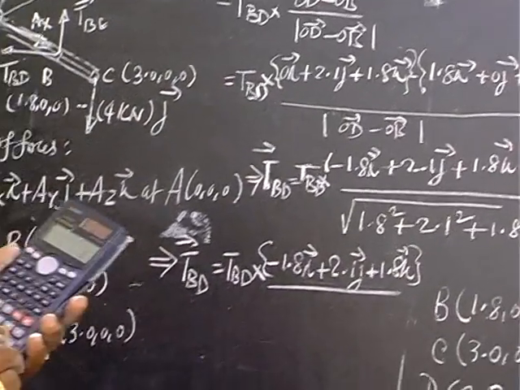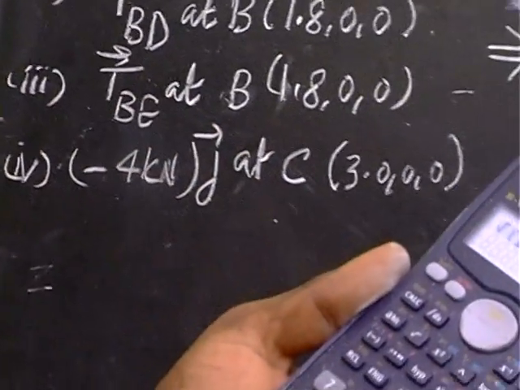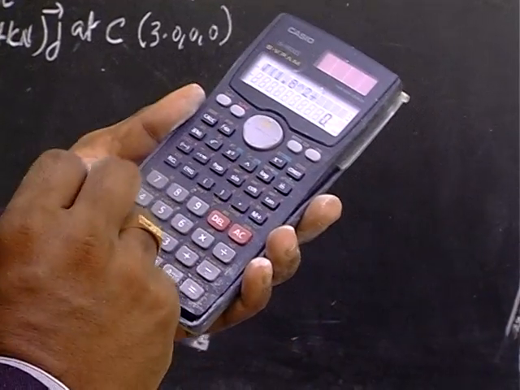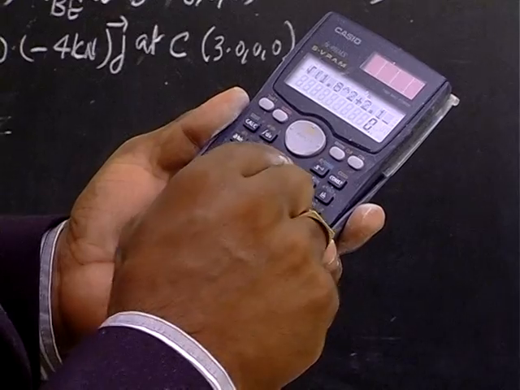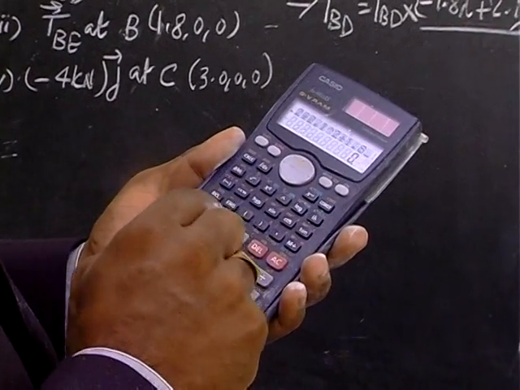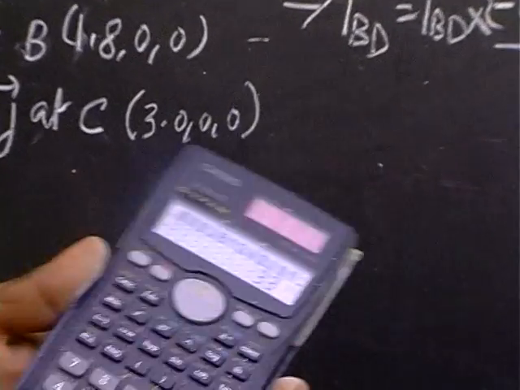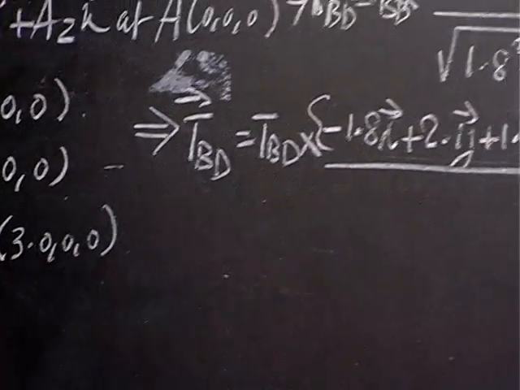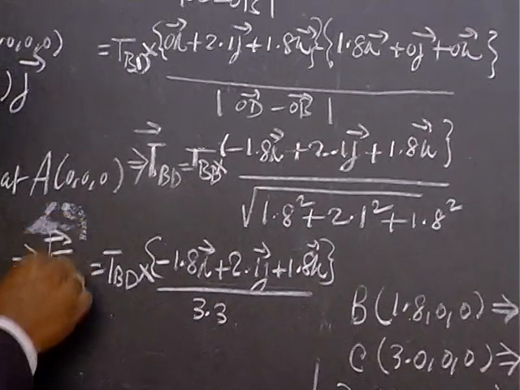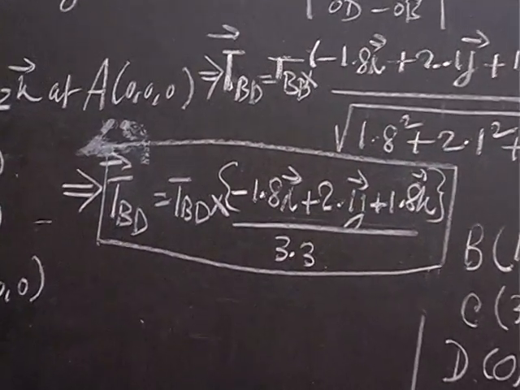Let us say square root of 1.8 the whole square plus 2.1 the whole square plus 1.8 the whole square. So the value is 3.3. So this is one tension vector.